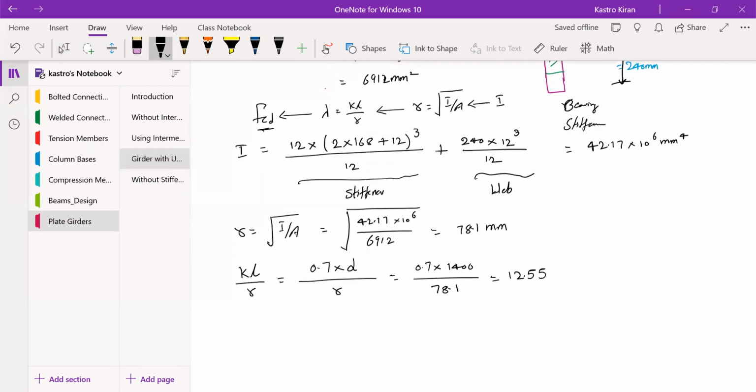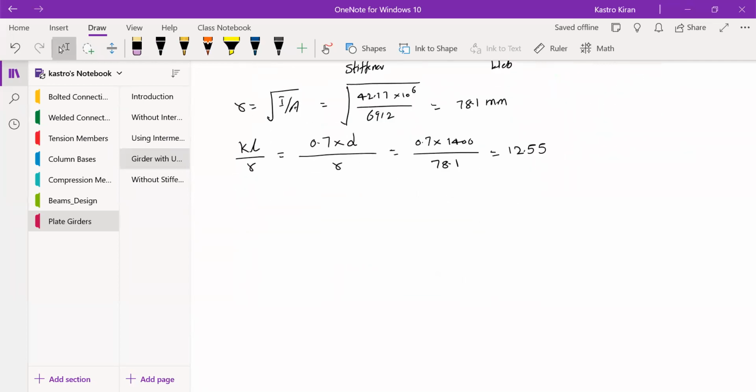Now you need to find the value of FCD, which is the design compressive force. Now, how do you find the design compressive force value, that is FCD value? So you know plate girders belong to buckling class C. Why does it belong to buckling class C?